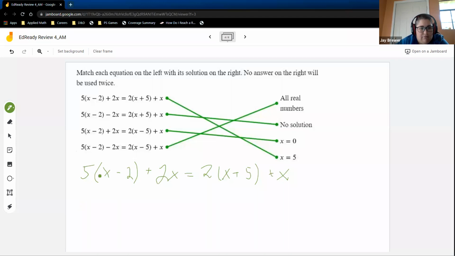All right, so 5 times x will give us a 5x minus 2 plus 2x equals 2x plus 10 plus x. So let's see, that gives us a 7x minus 10 equals 3x plus 10.